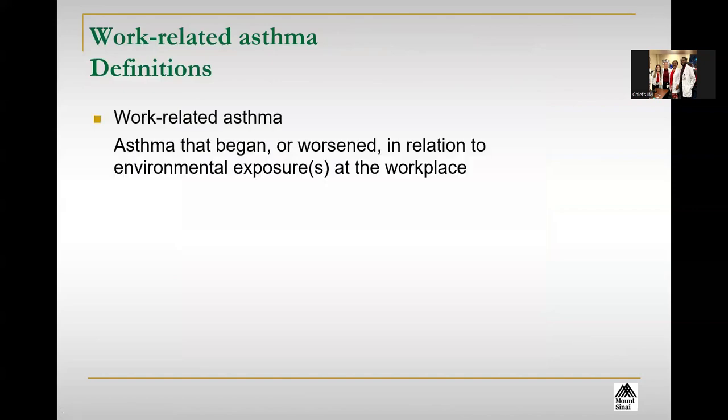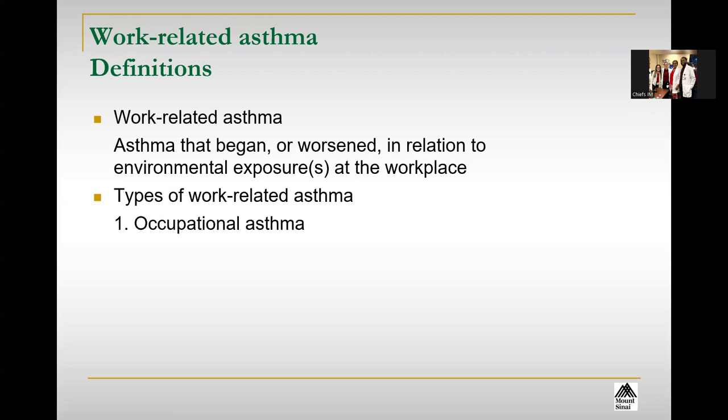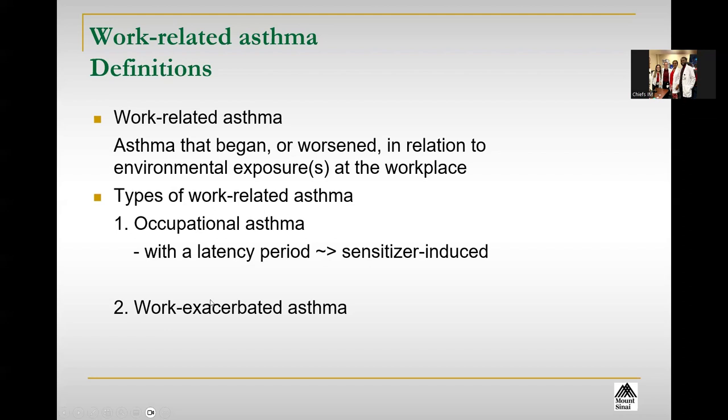So if we have some definitions, work-related asthma is asthma that began or worsened in relation to an environmental exposure at the workplace. The types of work-related asthma recognized are, first, what is really called occupational asthma, and work-exacerbated asthma. And as I mentioned, if the occupational asthma is caused by a sensitizer, there's usually a latency period between the exposure and the onset of symptoms.